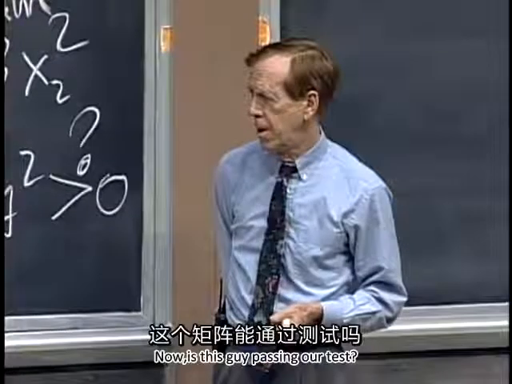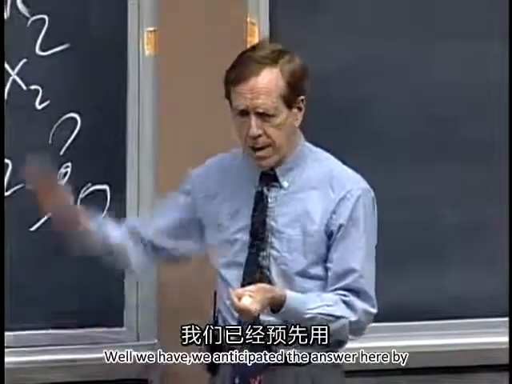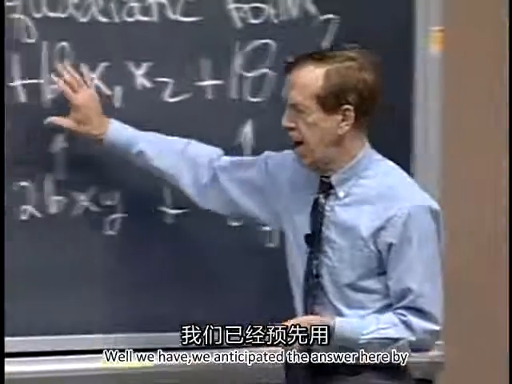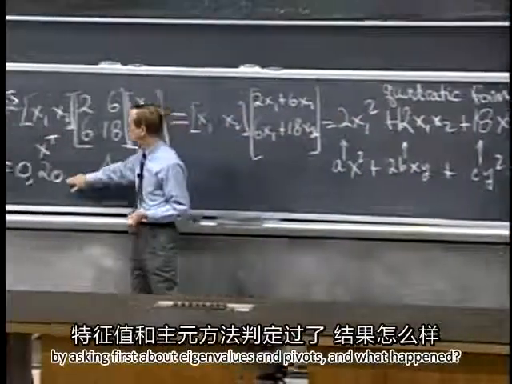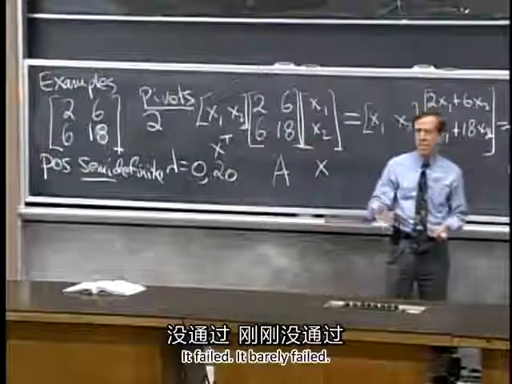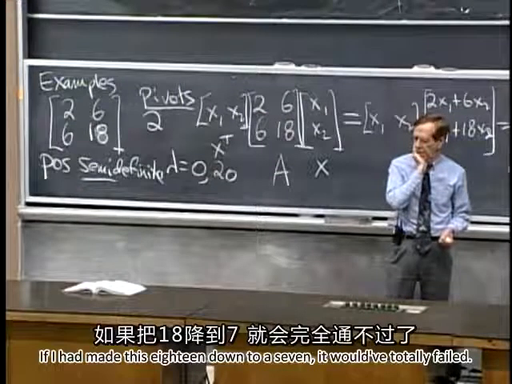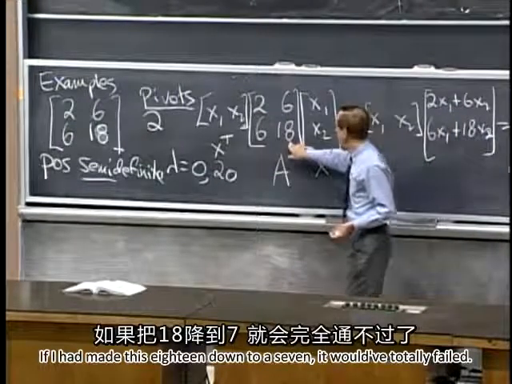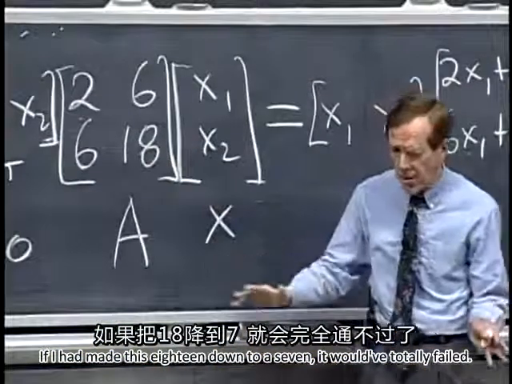Now, is this guy passing our test? Well, we anticipated the answer here by asking first about eigenvalues and pivots, and what happened? It failed. It barely failed. If I had made this 18 down to a 7, it would have totally failed.